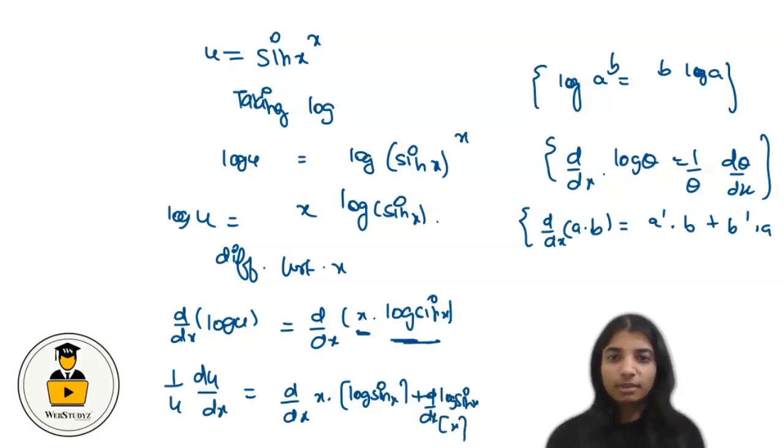So this is 1 divided by u, du divided by dx, which is equal to differentiation of x is 1, and the second function remains as it is, that is log of sine of x, plus differentiation of log of sine of x.